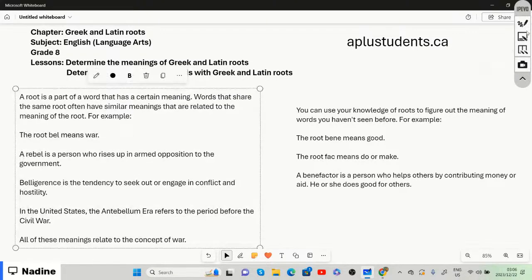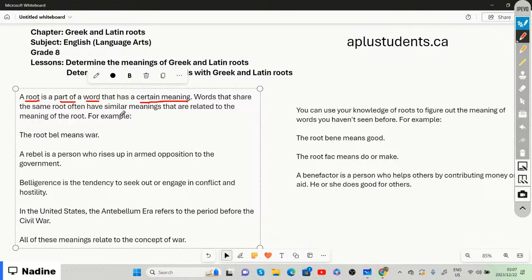All right, so now we are at Greek and Latin roots. A root is a part of a word that has a certain meaning.